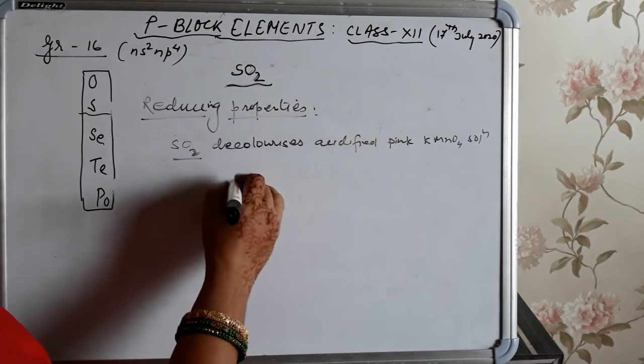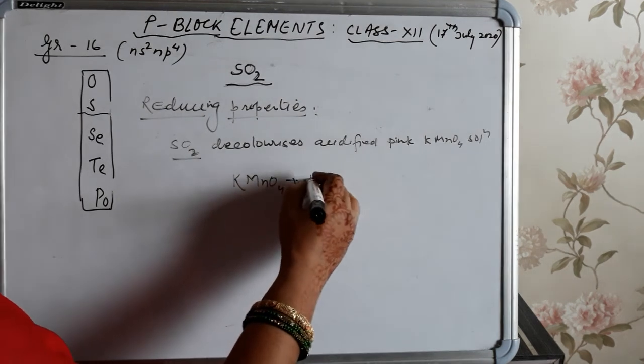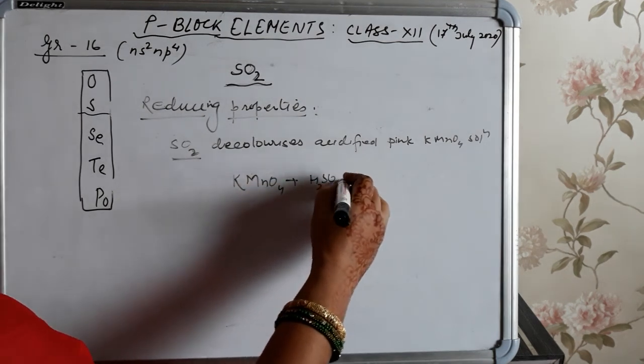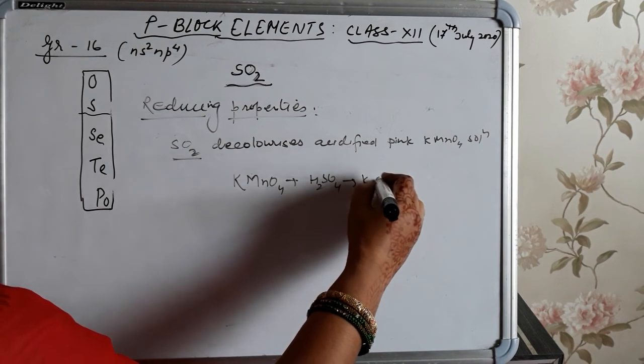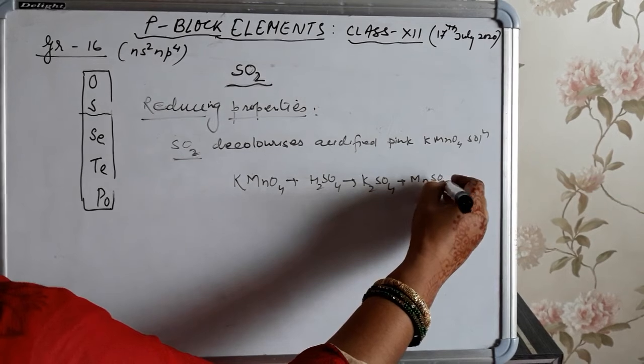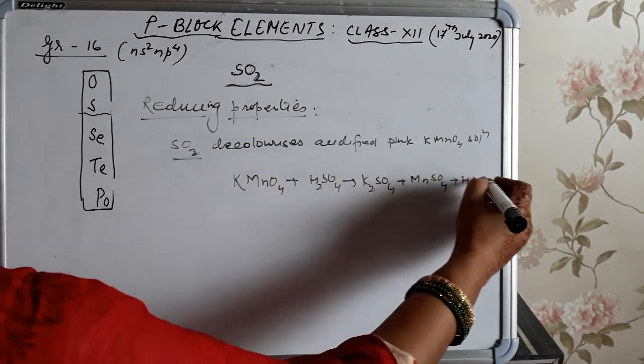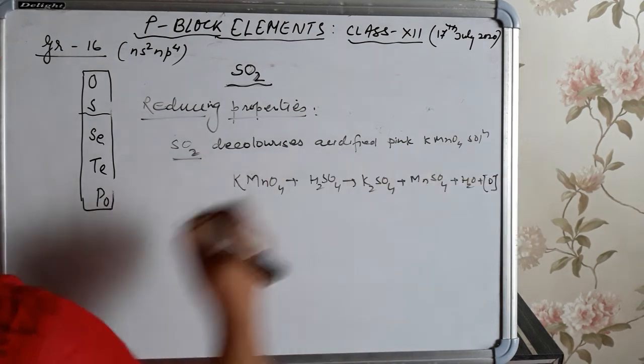At first we write down the reaction: KMnO4 in acidic medium gives K2SO4 plus MnSO4 plus water, and it is a strong oxidizing agent, so it gives oxygen.